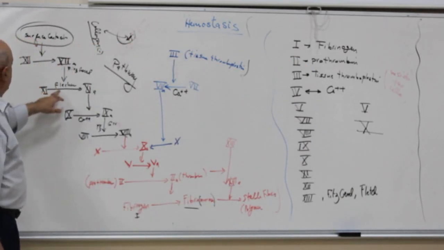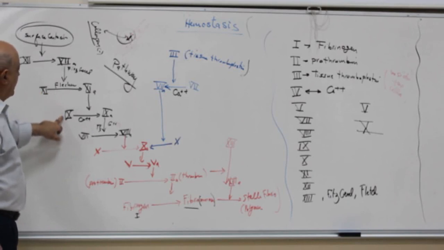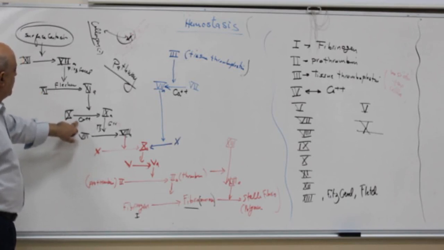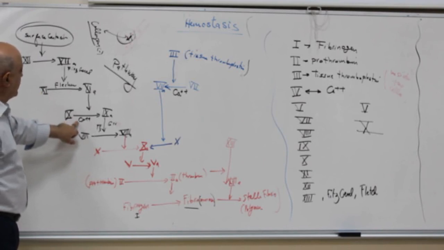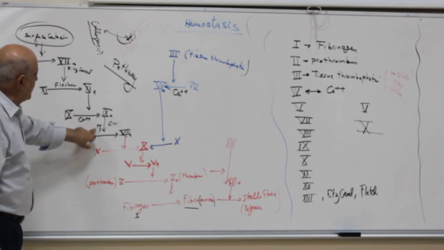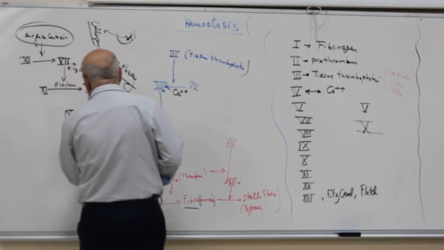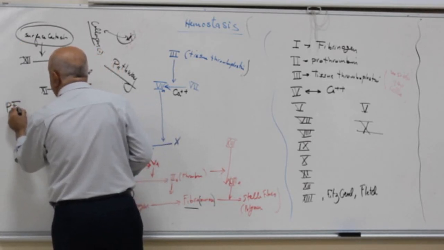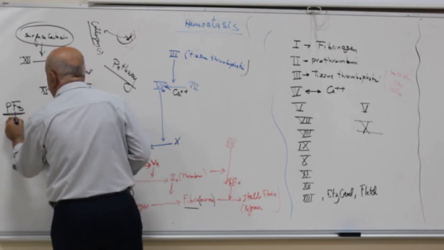Now, 11 activates 9, 9 activates 8. Of course, this requires calcium and another lipid called PF3. PF3 is not a clotting factor, not a protein, it's a lipid.